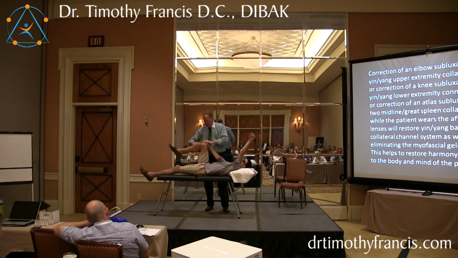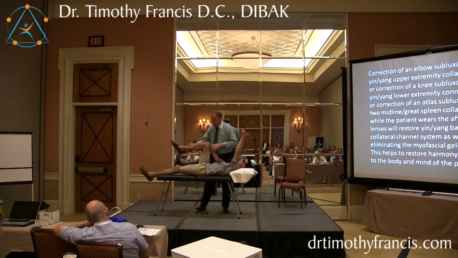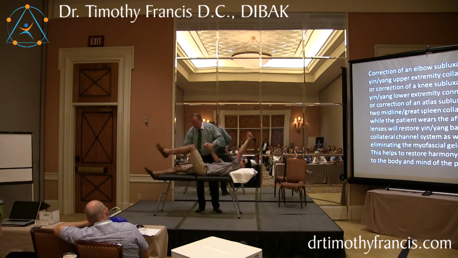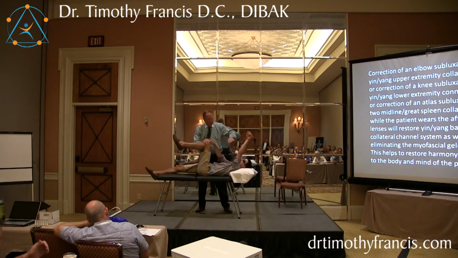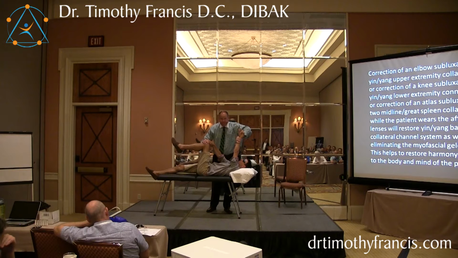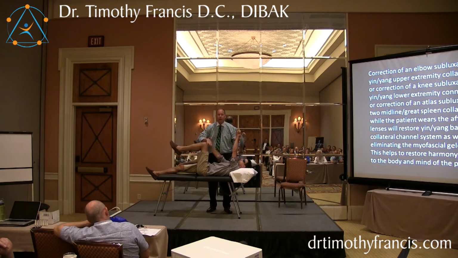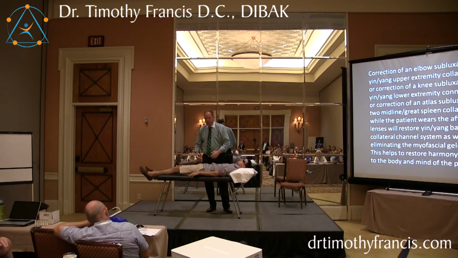Nothing. Let's go to the fibula. Nothing. Let's go to the tibia. Okay, so this is where the chi can't flow through the wood element. So I'm going to fix it. Demonstrate on it.